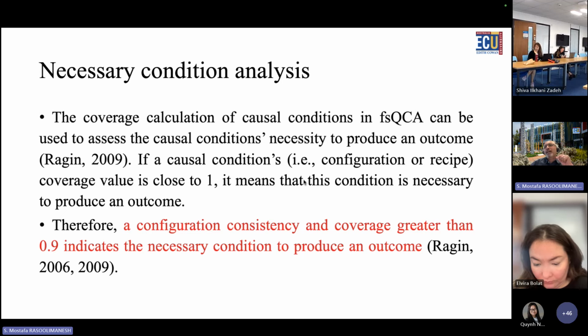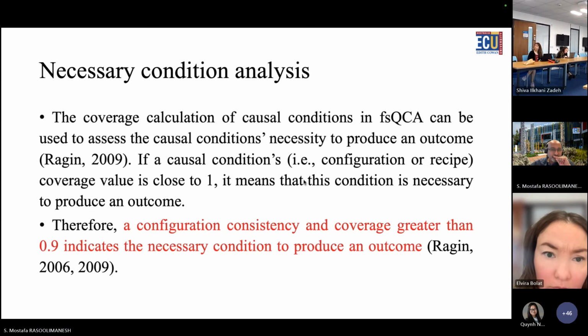But always 100% cannot happen. And the threshold to accept a condition as necessary is that it is repeated in 90% of cases that create a high level of outcome. So coverage should be higher than 90% or 0.9.